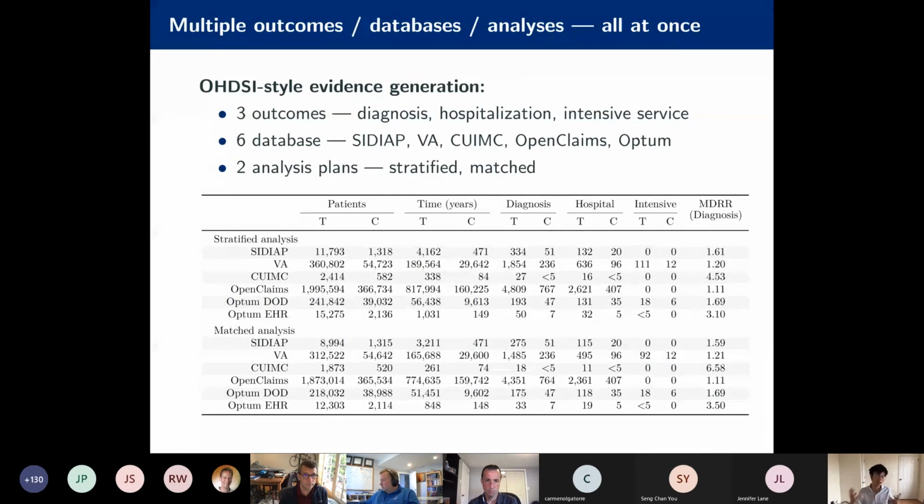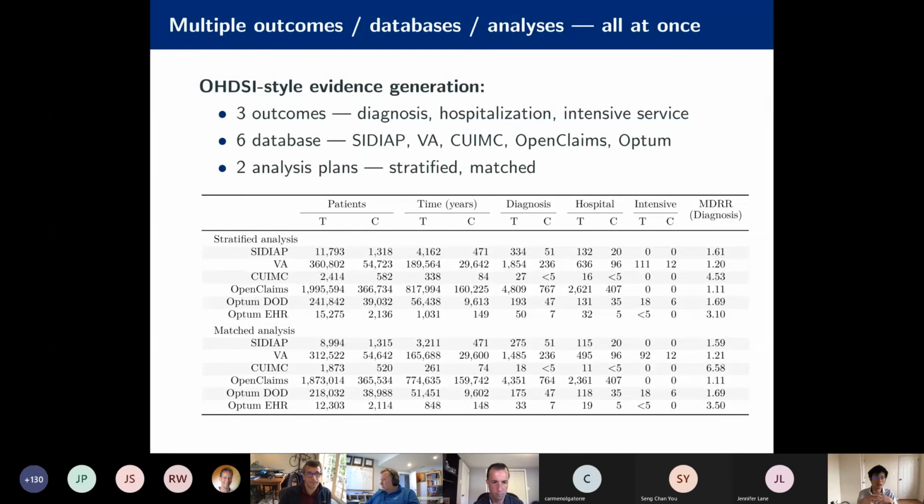And at OHDSI, we like to generate comprehensive evidence. So as is typical of OHDSI studies, we took all the possible combinations of the outcomes of interest, analysis plans, and available databases.